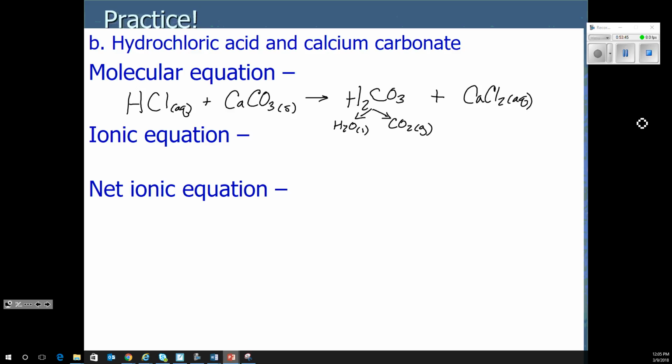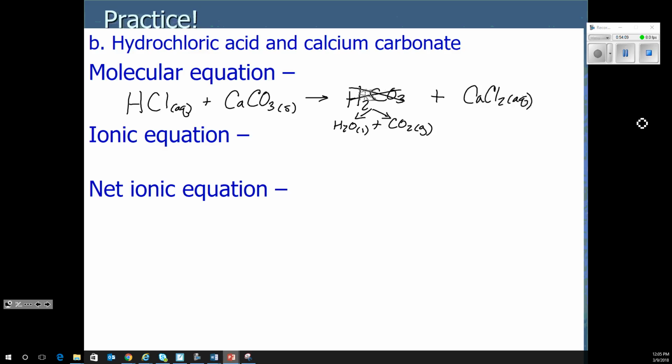Okay, you probably wouldn't know this, but carbonic acid quickly breaks down into water and carbon dioxide. So I'm stopping you there so you get that. So make sure your molecular equation is correct. So this carbonic acid is really not there. It's water and carbon dioxide. Okay, fix that.